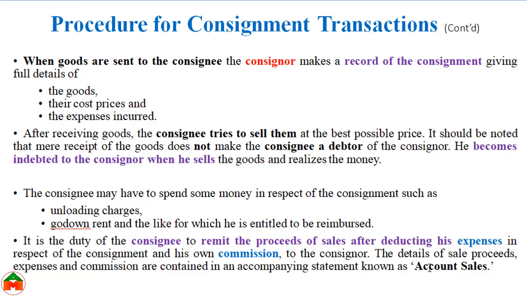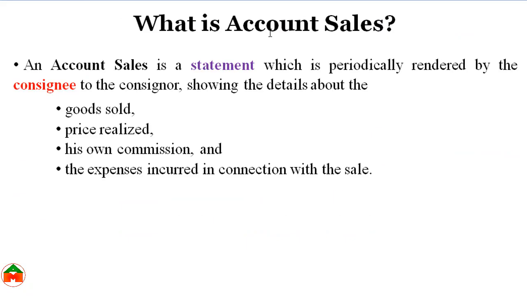So what is account sales? It's a statement prepared by the consignee, mentioning the goods sold, price realized, the amount of commission and the other expenses incurred related to the sale.